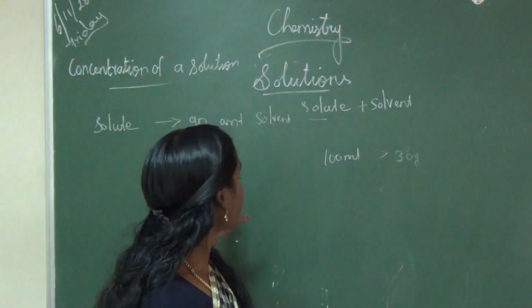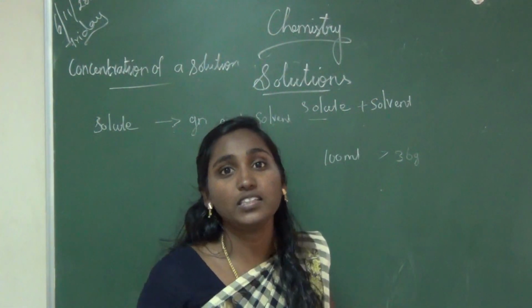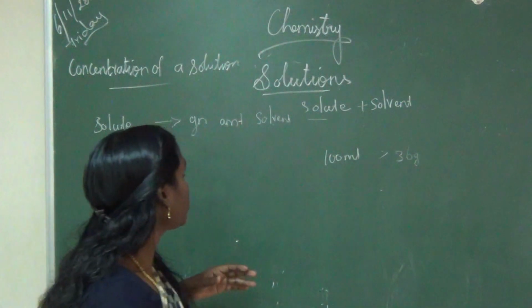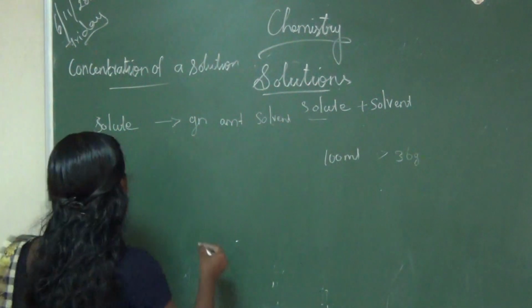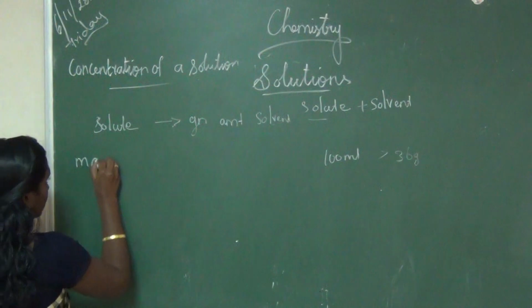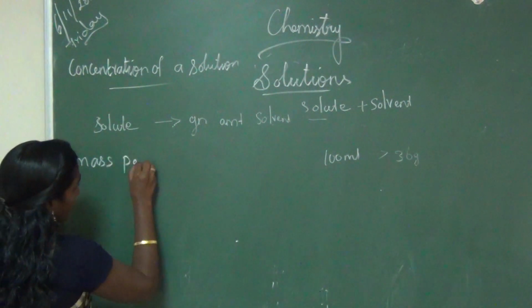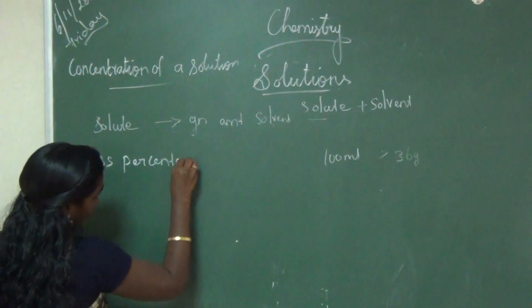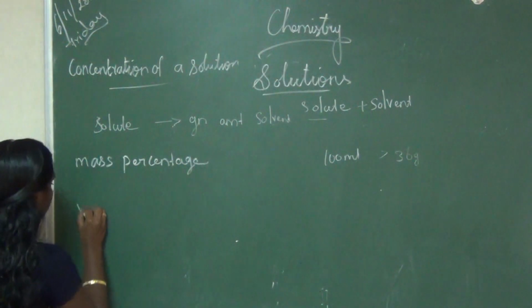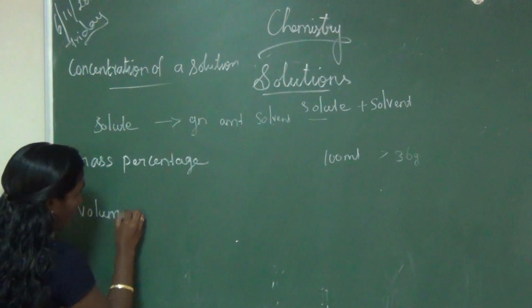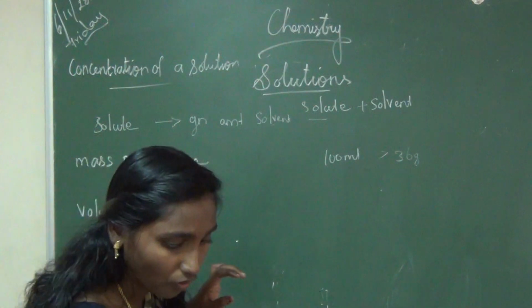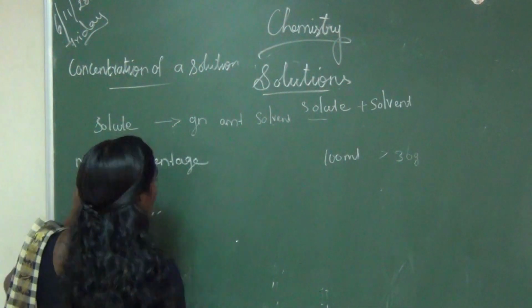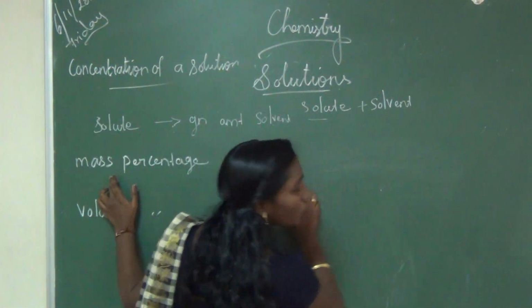This concentration of a solution is expressed in different methods. Here we are going to discuss two methods, that is mass percentage and volume percentage. Mass percentage has one formula.